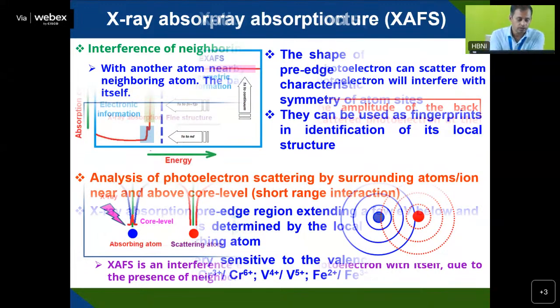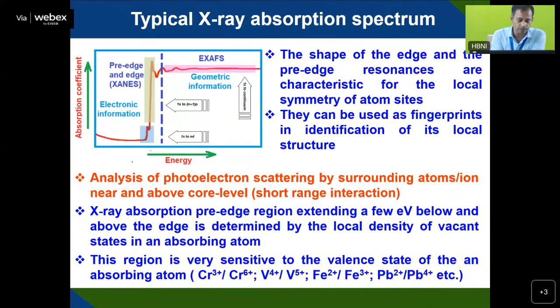So if you see here the X-ray absorption spectrum, you will see the absorption coefficient versus energy. Initially you can see there is a sharp edge, and then there are oscillations. The sharp edge, the pre-edge or edge, will give you electronic information, and then EXAFS will give you geometric information.